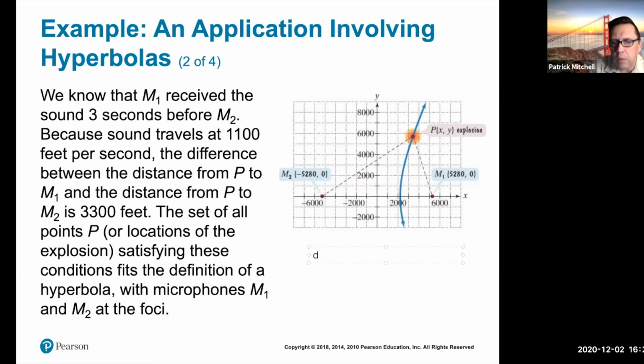That's using the equation distance equals rate times time. The rate is 1,100 feet per second. The time is 3 seconds, which gives you a distance of 3,300 feet. Since the longer distance minus the shorter distance always comes out to 3,300 feet, the set of possible points where this explosion could have occurred lie along a hyperbola.